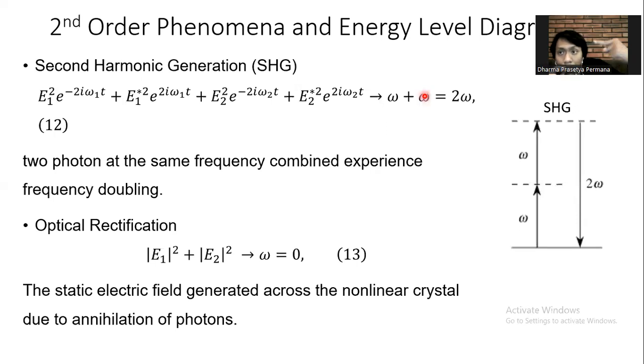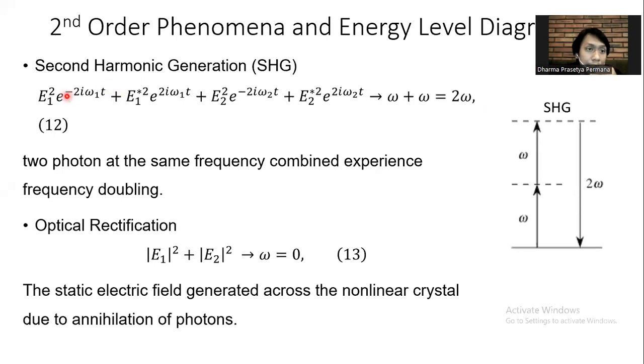We have one beam with the frequency of omega 1, and when second harmonic generation happens, the output beam will have exactly twice the frequency of the initial beam. This process can happen using one single input beam, or we input two beams with both lasers at the same frequency. This is second harmonic generation.